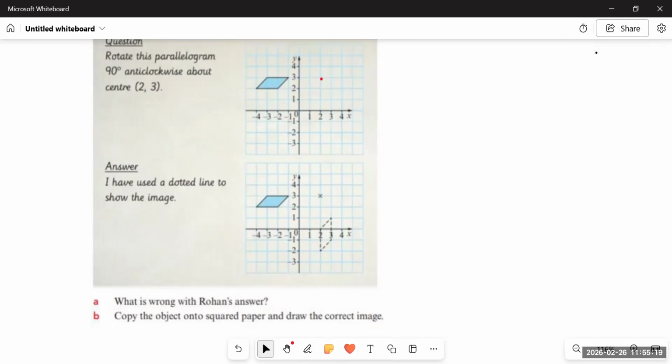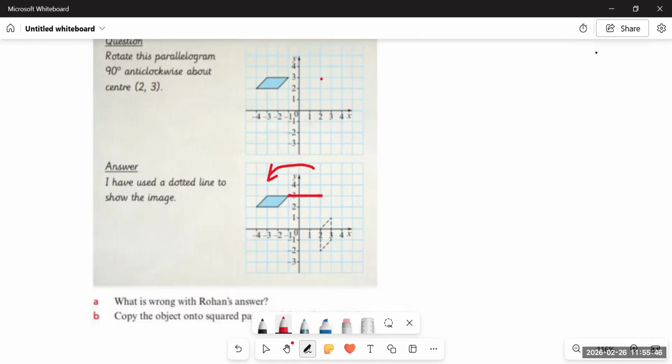So students, it doesn't matter what line Rohan has used, whether it is a straight line or a dotted line. But the mistake is when we take one of the edges, go this part, and it's 90-degree anti-clockwise. 90-degree anti-clockwise means this is the direction in which we have to move.